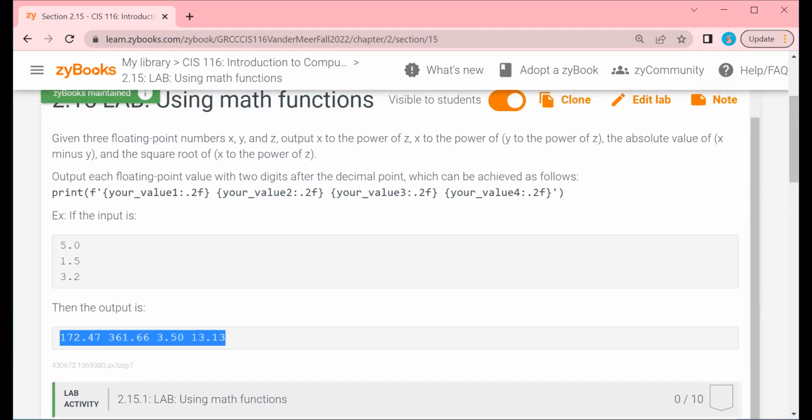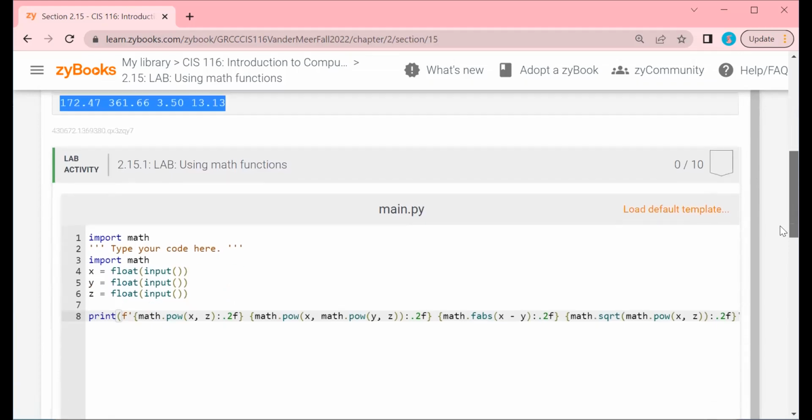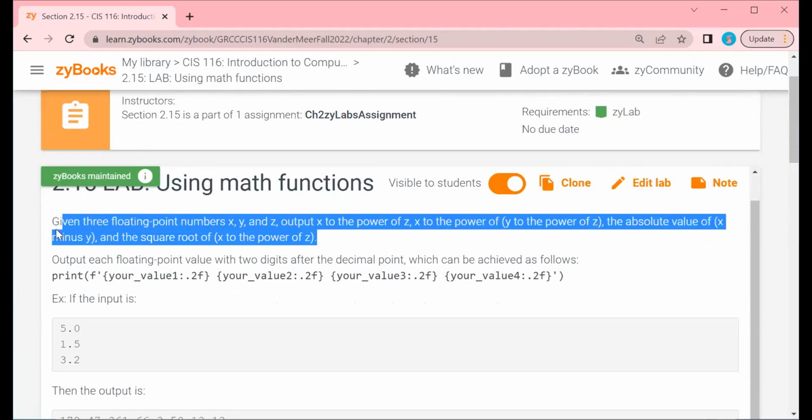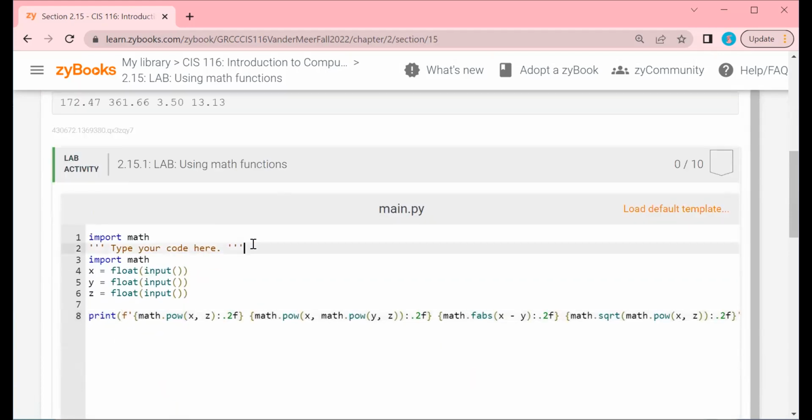So we have 4 things we're calculating. In fact, let me copy this and put it in my output right here just for a minute.